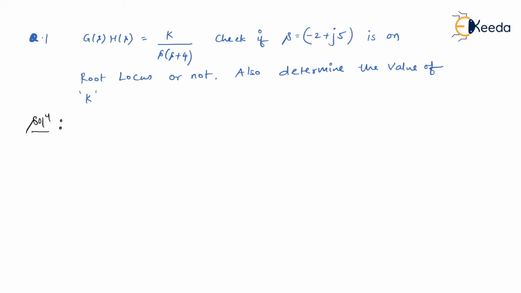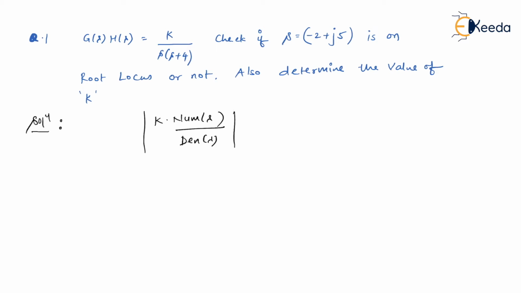If you remember, we have already studied in one of the rules of root locus that you have to check the magnitude condition and angle condition for a particular point if it is present on the root locus. For example, the given G(s)H(s) can be given, in general, as K times numerator polynomial of s divided by denominator polynomial of s.